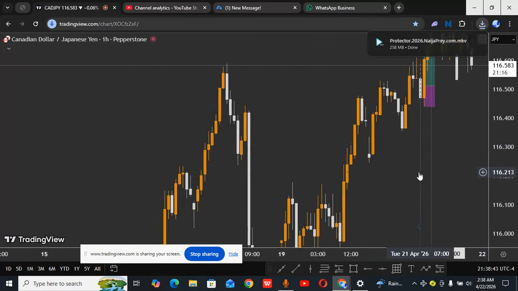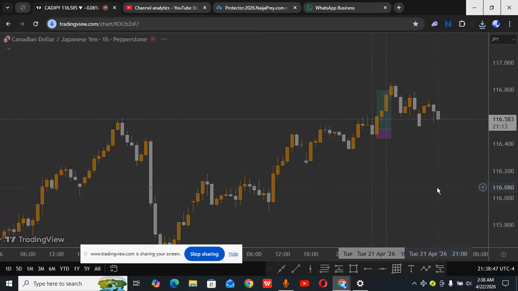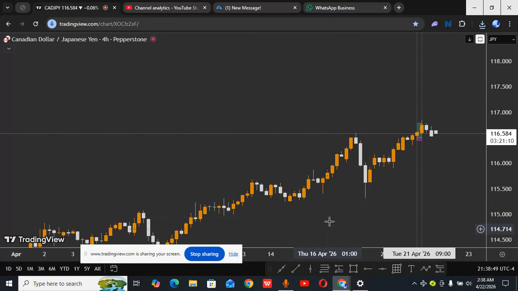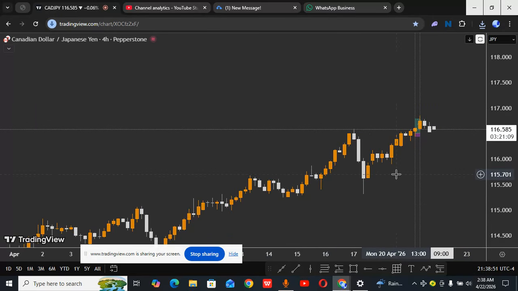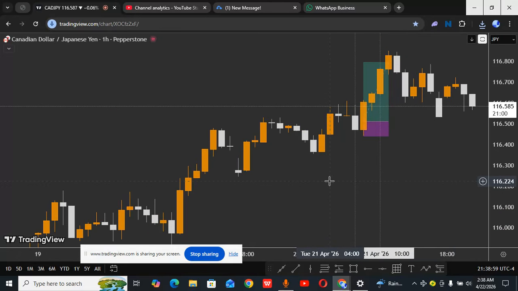If you go to, let's say, the 4 hour time frame, you see that obviously the market is bullish, so we're looking for buy opportunities. Then when we start heading towards the New York Q zone, we want to map out the closest demand zone. I normally map out two demand zones, in case the first one fails, then I go for the second one.